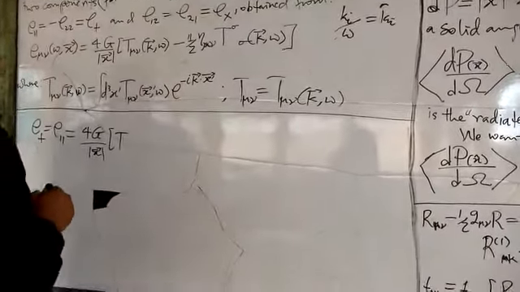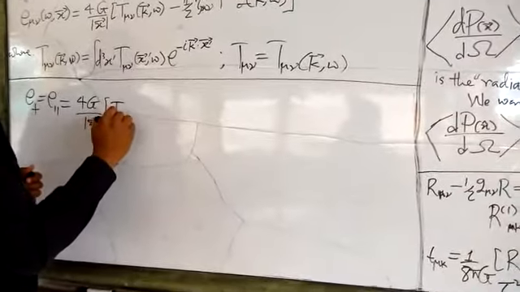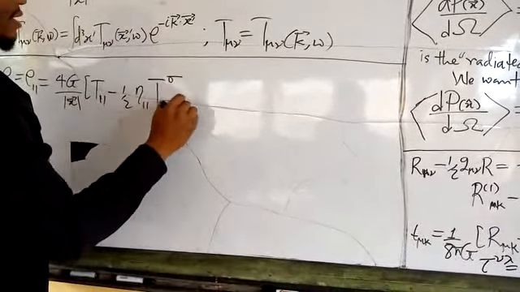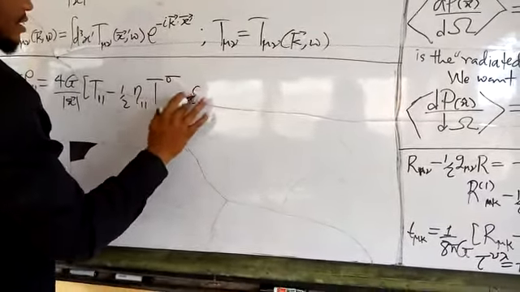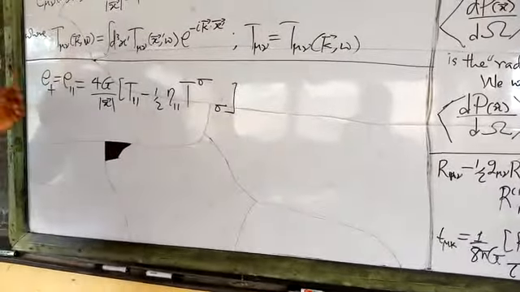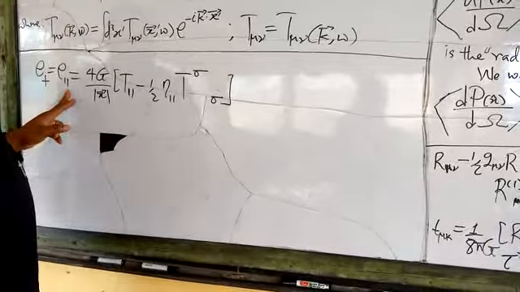So at this moment, I'll write this to be equal to 1 minus 1 all over 2 eta 11 and T sigma here. I just said I don't need that. And this is what we get, of course, just by outright substitution.